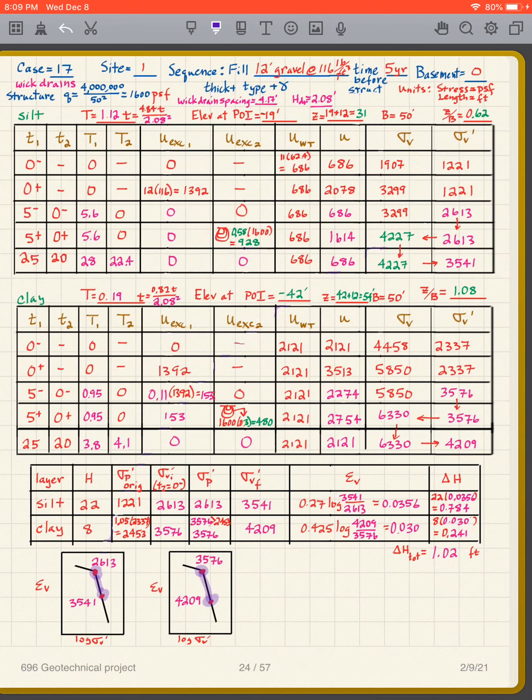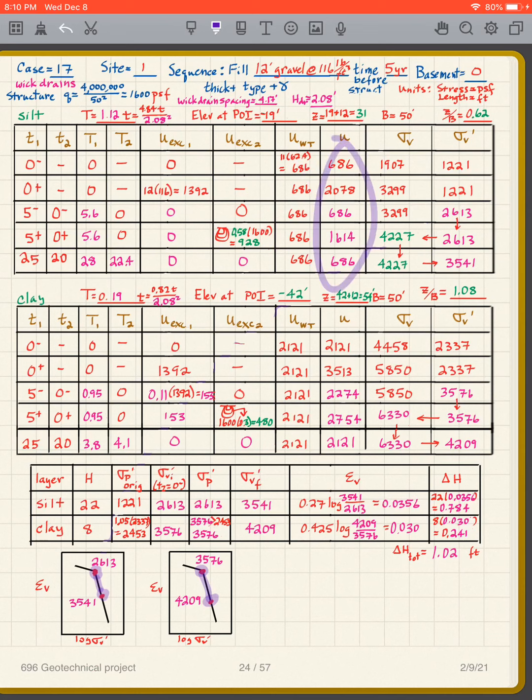At RT equals 0 plus, I've got the 12 feet of fill. And then here at RT equals 0 plus, we have our pressure bulb, and the pressure bulb factor ends up to be 0.58 times our 1600, and that gives us this UXS2 of 928.